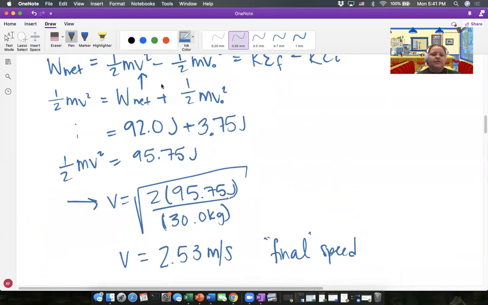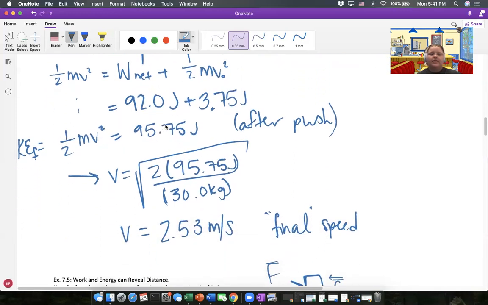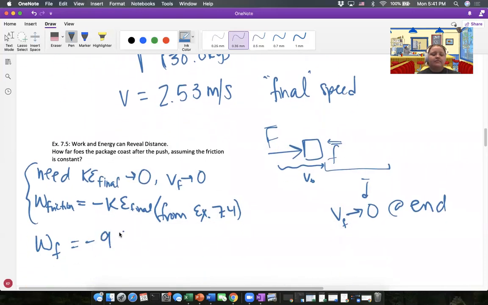So that's going to be right up here. So remember our final, when it's pushed, that's what we were looking at here. Our final kinetic energy after push, I should say, after push. Okay, so that's what we want. We want it to be the exact opposite of that. So I'm going to say negative 95.75 joules. Okay, because we want it to be negative of the kinetic energy from that one up there.